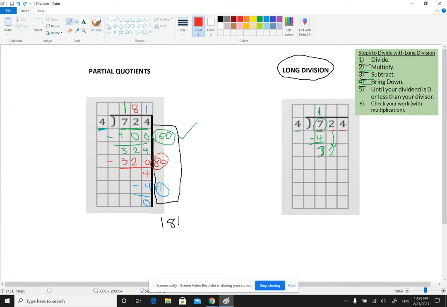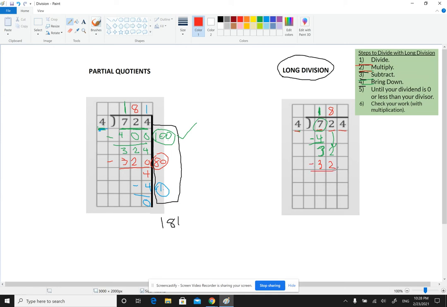So I am going to take my 32 and divide it into groups of 4, right? So 32 units, if I cut up my 32 units into groups of 4, I get 8. So I divided 32 by 4, and now I multiply those groups that I got. 8 times 4 is 32.